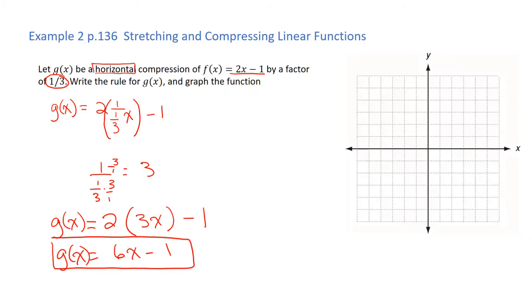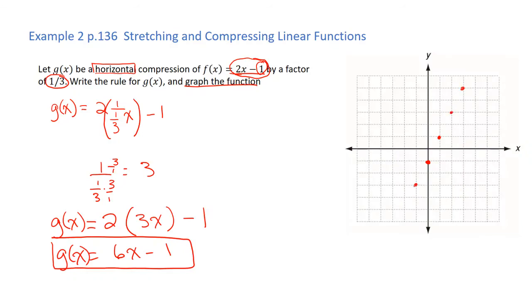Now it says to also graph this function. So let's do this really quick. It says f of x is 2x minus 1. So our minus 1 is our y component, our y-intercept, and we're going to have a slope of positive 2 over 1. So let's just chart that really quick.